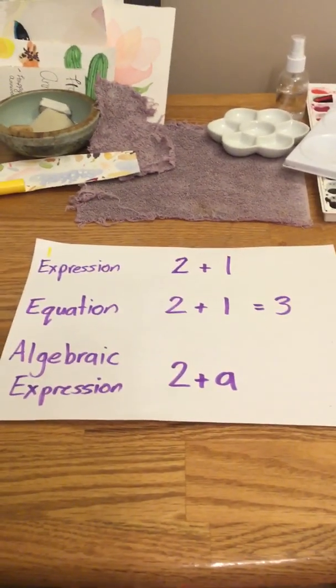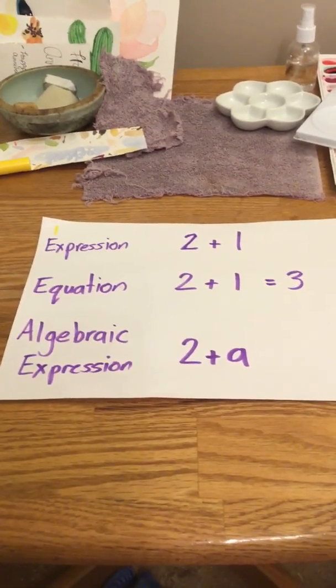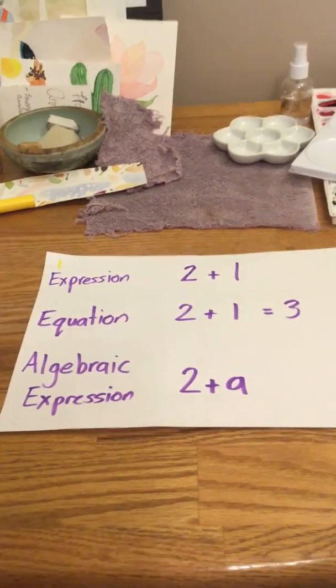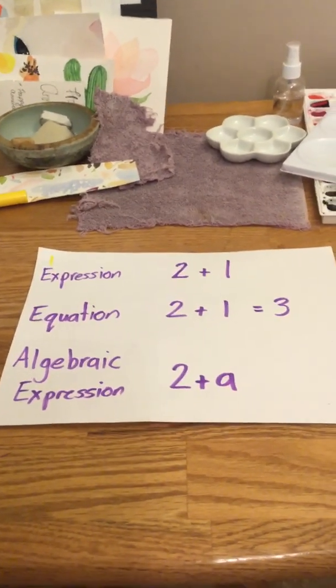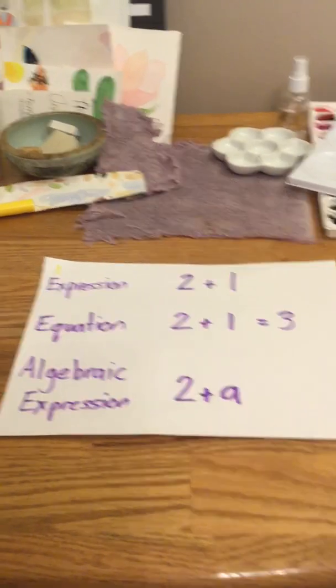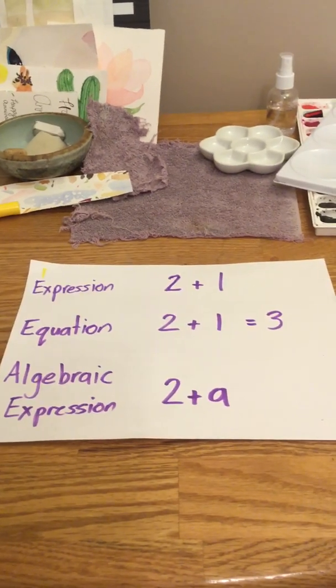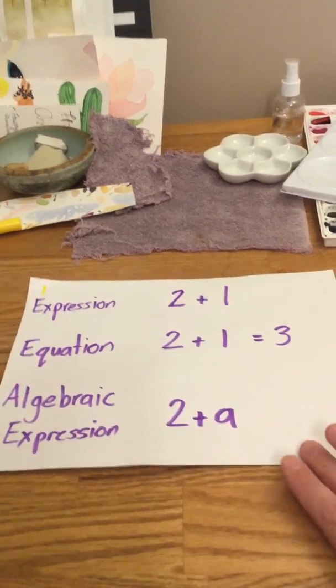When we go into an algebraic expression, for example, 2 plus a, it is a mixture of numbers and words or symbols. Okay, and you can see that is an expression. There is no equal sign. That's what makes that an algebraic expression.